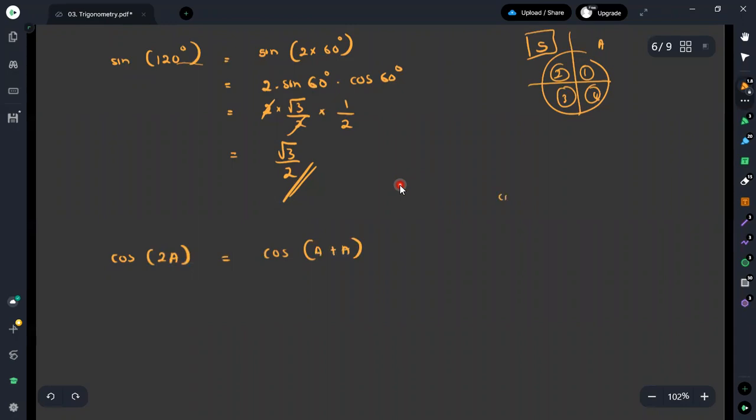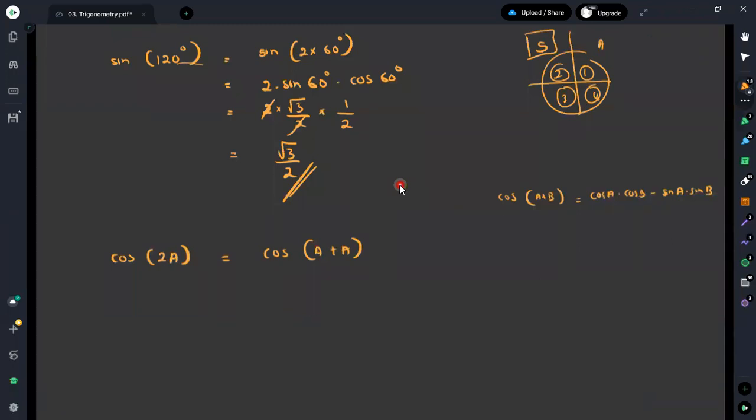According to the equation we have, cosine (A plus B) is equal to cosine A into cosine B minus sine A into sine B.